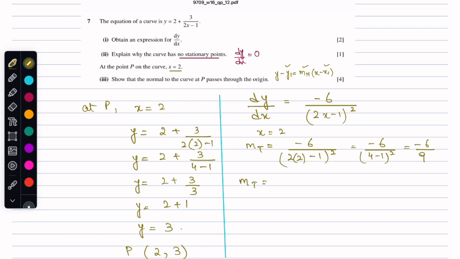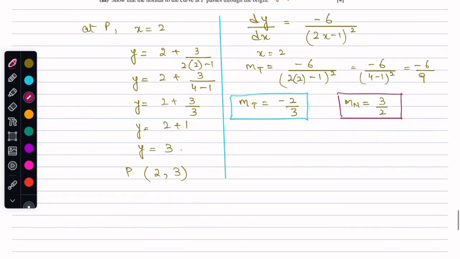Solving it, the gradient of the tangent is negative 2 by 3. So if this is the gradient of the tangent, then from here I can very easily get the gradient of the normal, which is 3 by 2. This is the required gradient which I shall use to have the normal equation.